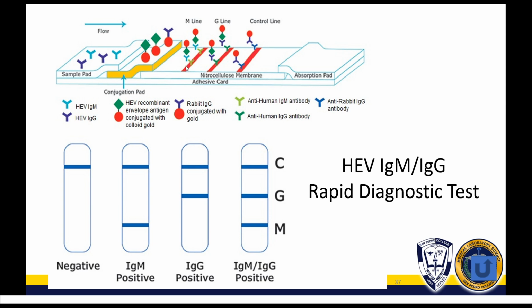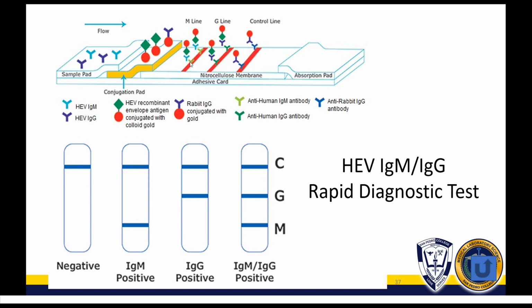But it is not yet demonstrable; it is still blank. If the patient has IgM, this IgM will be captured in this region. What captures the IgM present in the serum sample of the patient?